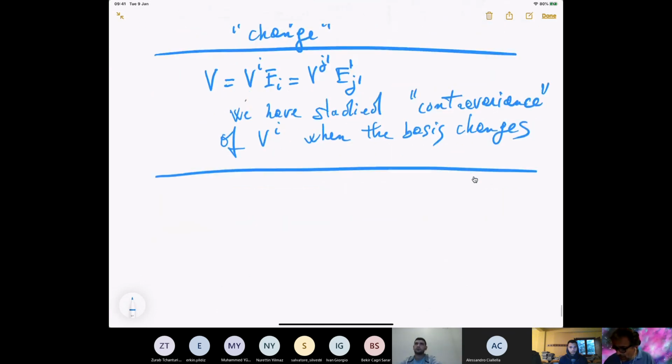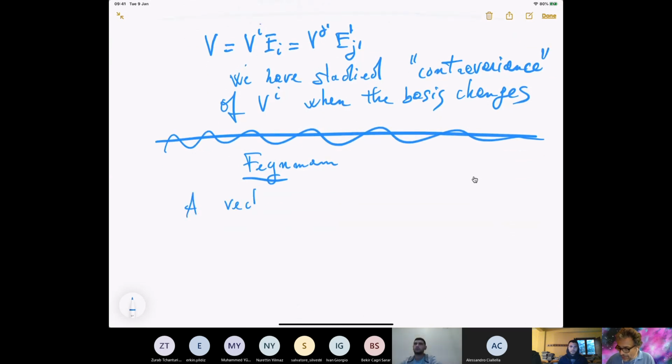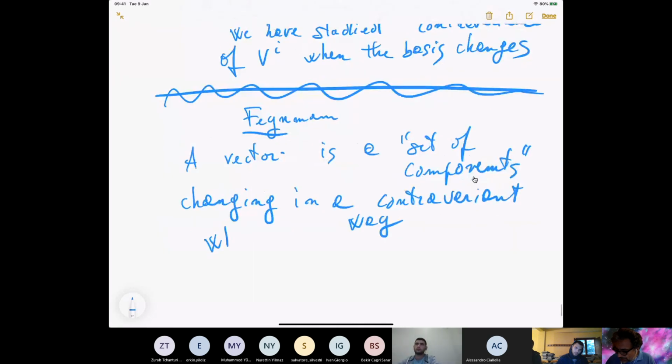So you find in a book like Feynman a statement like a vector is a set of components changing in a contravariant way when the basis is changed.